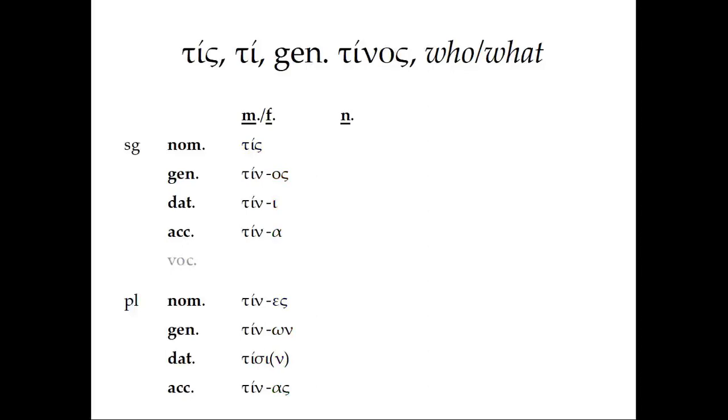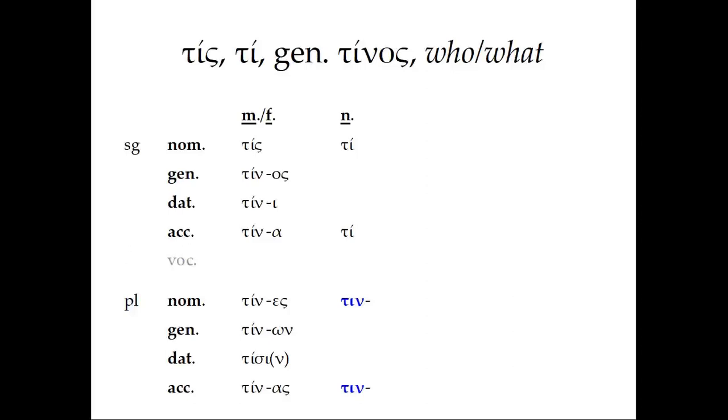Now, for the neuter, of course, we have this in the lexical form up above. The tis, ti, that ti is the neuter form. So we plug that into the neuter nominative singular and the neuter accusative singular. For the plural, we'll want to take our normal stem, tin, and then we're going to add our ending.